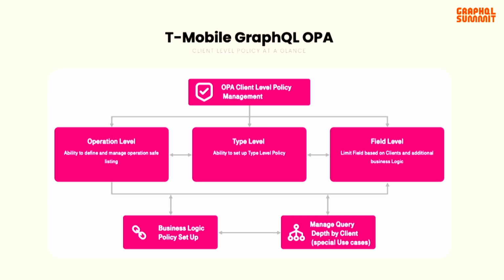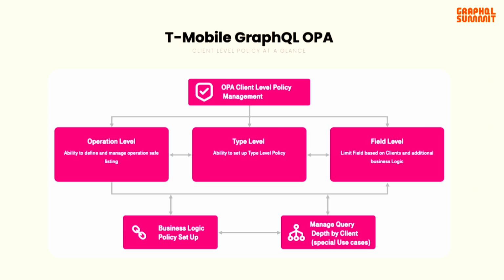So let me briefly touch base on what is within the policy. So in T-Mobile, we wanted to have a policy manager where we'll be able to configure policies based on each client. For each client, we were looking at operations, a kind of an operation level policy where you can set up what all the operations that they're eligible for.